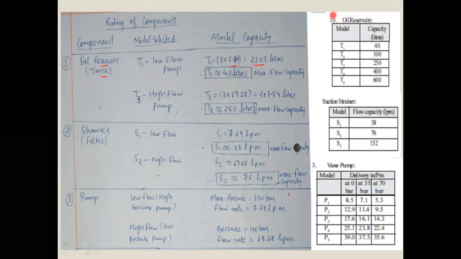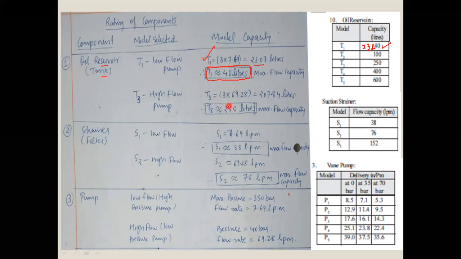I will go to the catalog and see where 23.07 comes. It is below 40 liters, so I will select this 40. So T1 is 40 liters, the maximum flow capacity, and the component name will be T1.